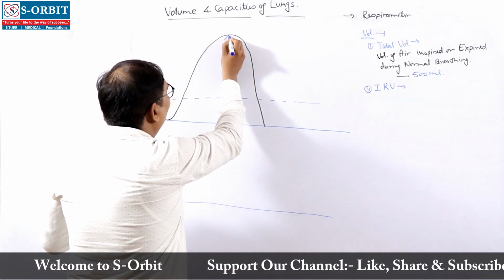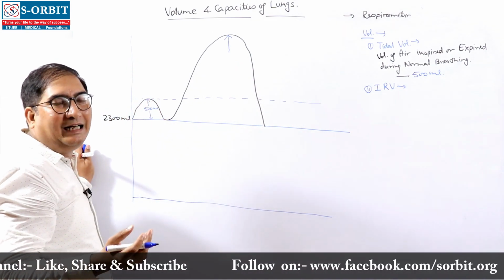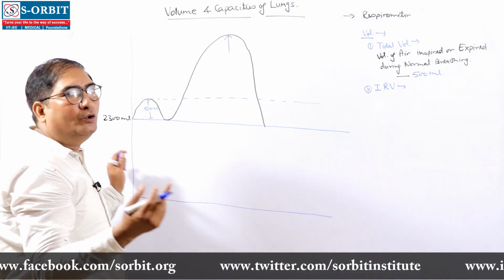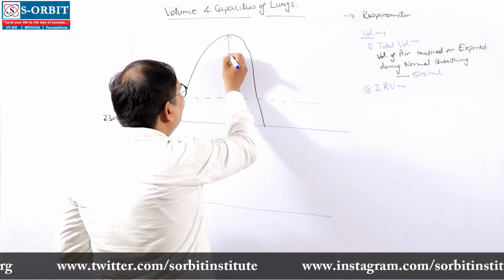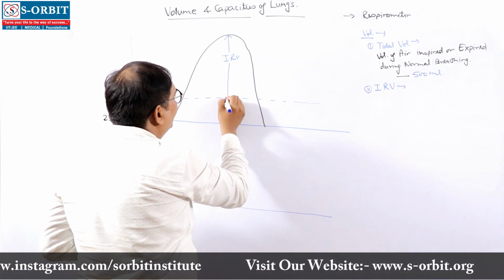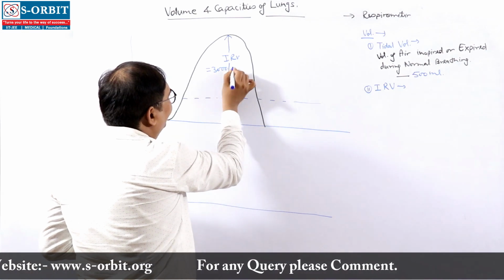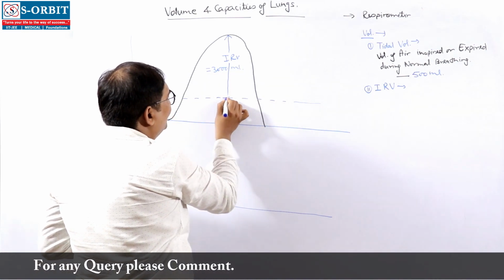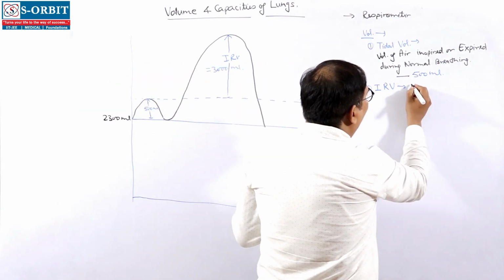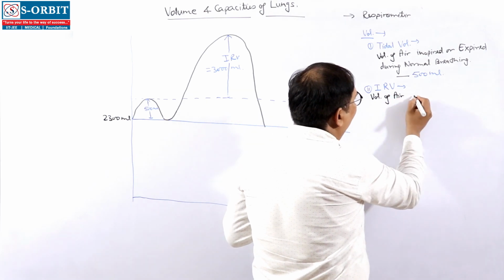It is the volume of air that is inspired above tidal volume by most powerful inspiration. It is about 3000 ml on an average, approximately 3000 ml.